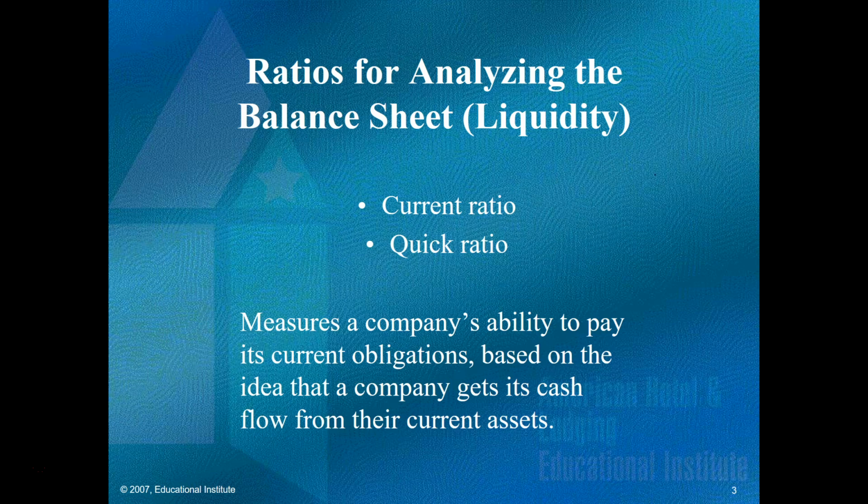So the first two ratios we're going to look at are the current ratio and the quick ratio. At this point, the only section of the balance sheet we're looking at is the current asset section and the current liability section.